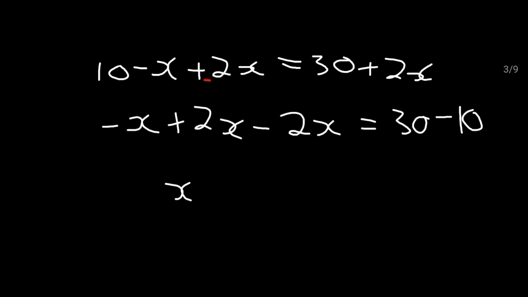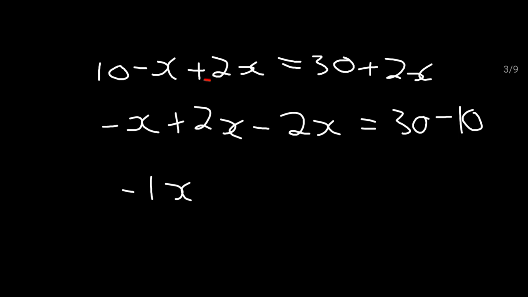Remember, I told you before that a number in front stays 1, so here it is minus 1. So on your calculator you just say minus 1, and then the second coefficient is 2, so you say plus 2. The third is minus 2, so you say minus 2. So it will be minus 1 plus 2 minus 2, and that's going to give you minus 1. So that is your coefficient.